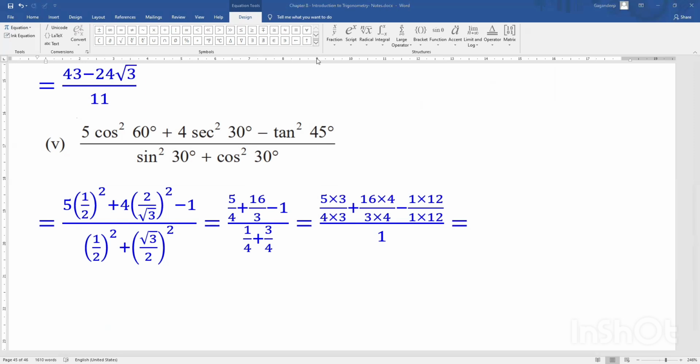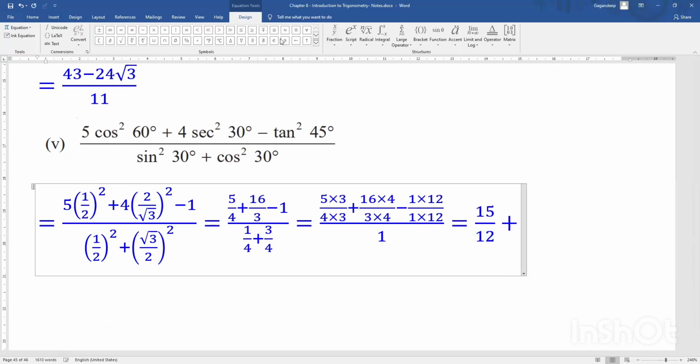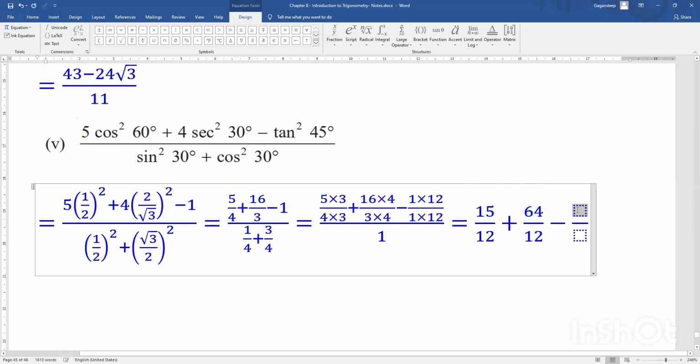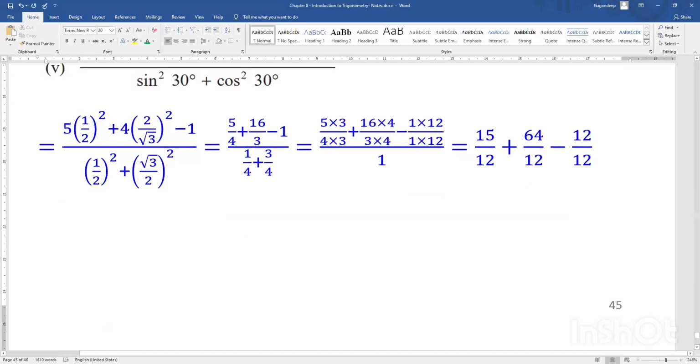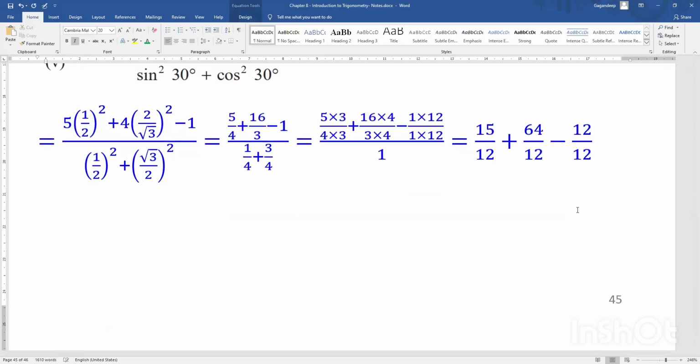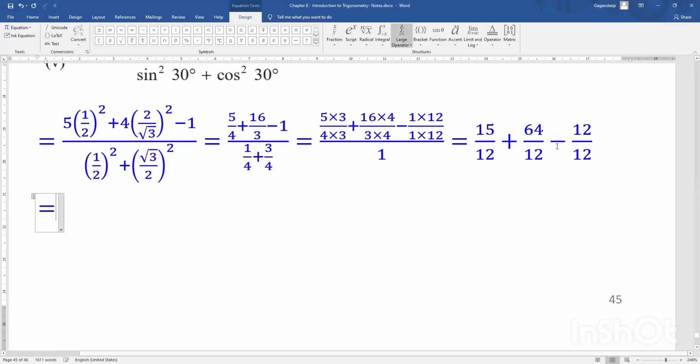So we can write like this. We have 15 by 12 plus 64 by 12 minus 12 by 12. Then we can write the common denominator. So write it as 12.